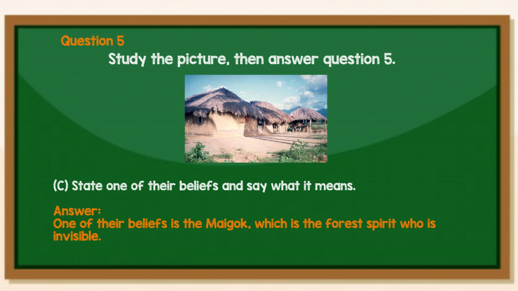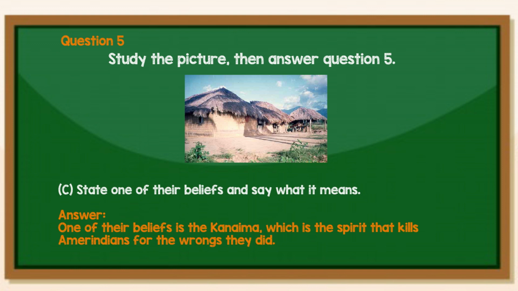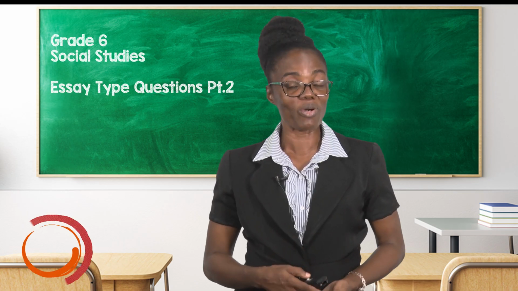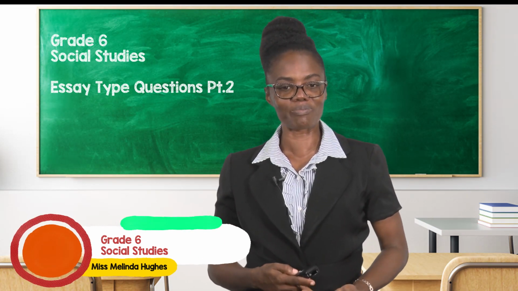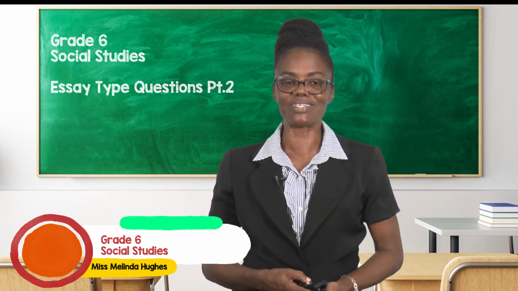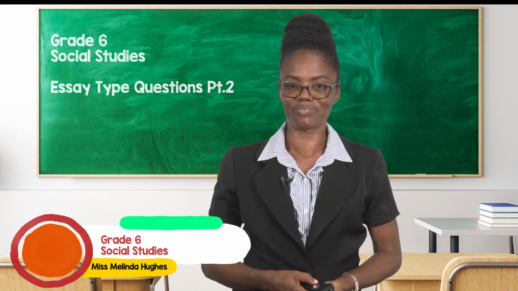The Amerindians also believe in Maikok, which is the forest spirit who is invisible. They also believe in Kanaima, and Kanaima is a spirit that kills Amerindians for the wrong they did. So, boys and girls, if you have written any of those and explain what it means, then you are correct.